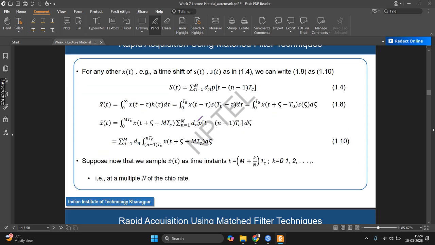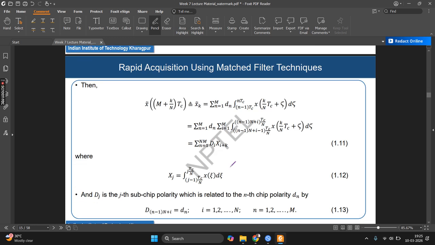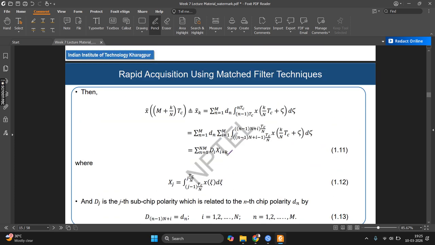Now if we sample this output at time instances n plus k by n, that is at a multiple of the chip rate, where 1 by n is the chip rate, then the corresponding value you will get is something like this, where d_n is plus 1 or minus 1, that is the amplitude of the signal.